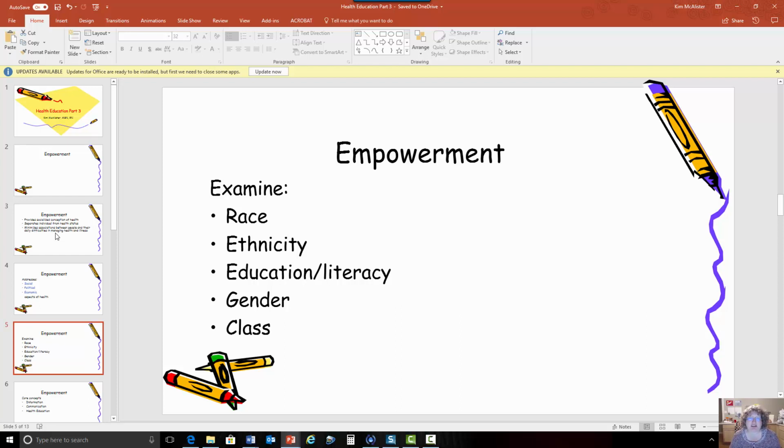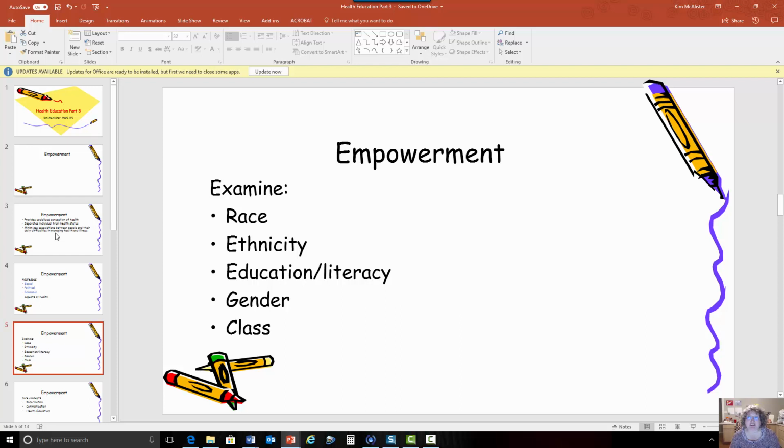You want to evaluate their education and their literacy level. You want to know, can they understand the instructions that we're giving? We'll talk in a moment about health literacy, their ability to understand health care information. They're not always the same. Some people may be very literate but have a great deal of difficulty understanding some of our literature.